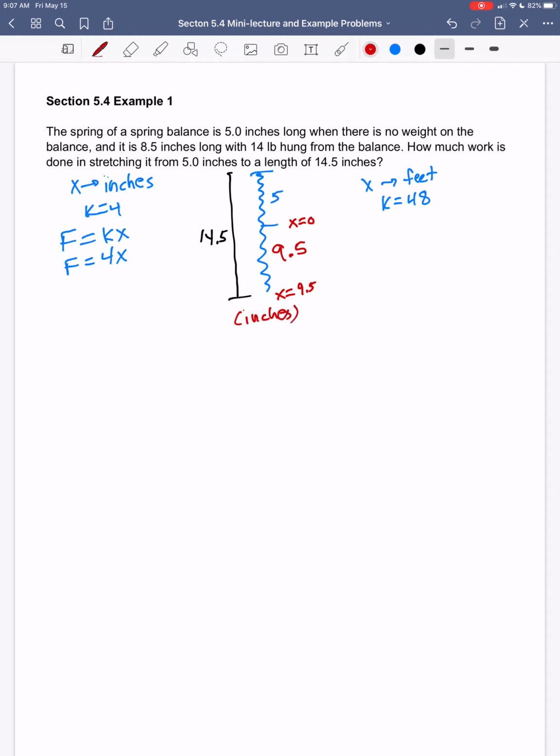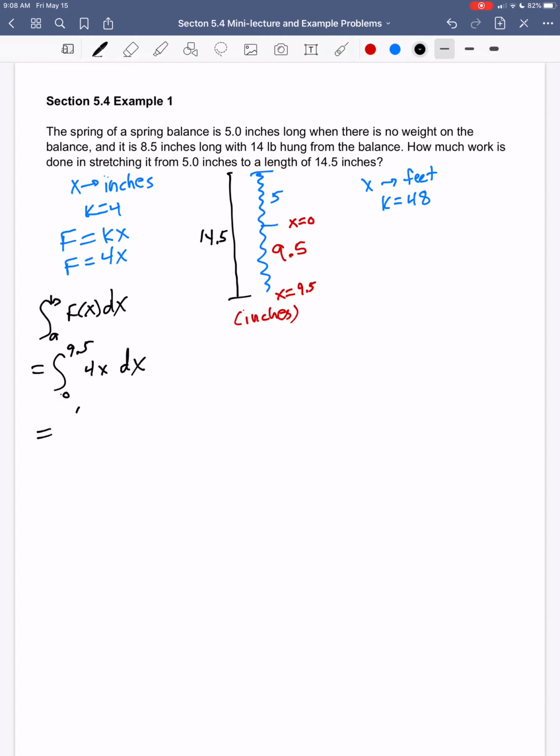So when I set up the integral here, it's going to be the integral from a to b of this force function f of x times dx. Well, as I'm integrating here, as this spring is stretching down, it's starting at x equals 0 at that natural length of 5, and it ends up here at 9.5. And if I'm measuring in inches, my force function is this 4x dx.